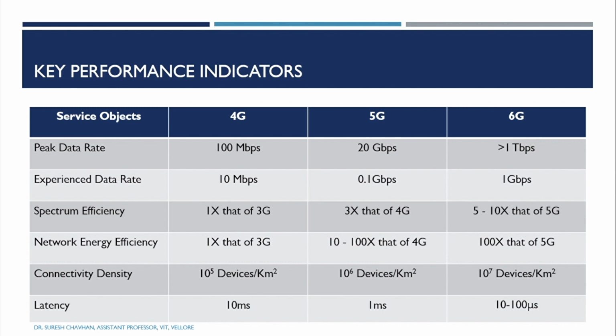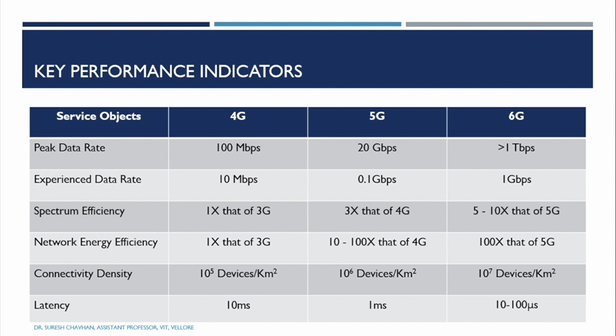And the spectrum efficiency in 4G is 1 time of 3G, meaning the resources, the frequency, and in 5G it's 3 times that of 4G. Suppose in 4G it's like 100, in 5G it will be 300, and in 6G it will be 10 times that of 5G.